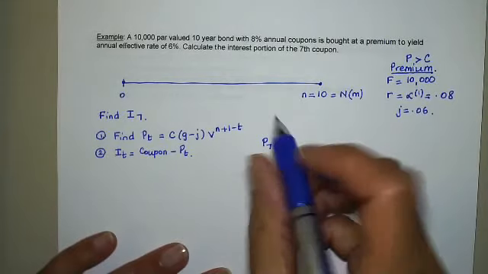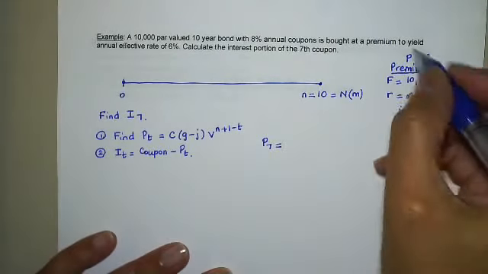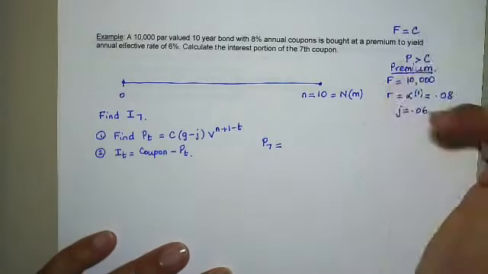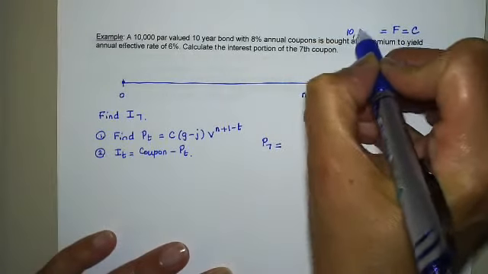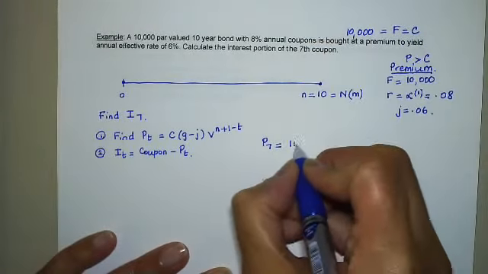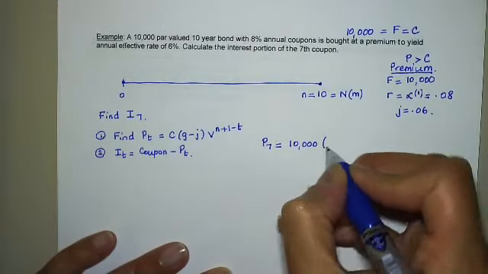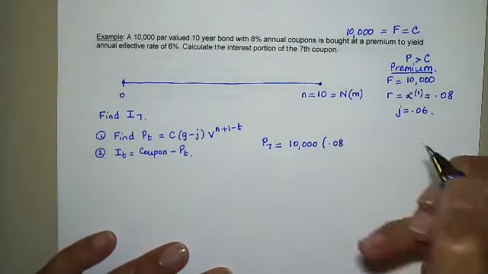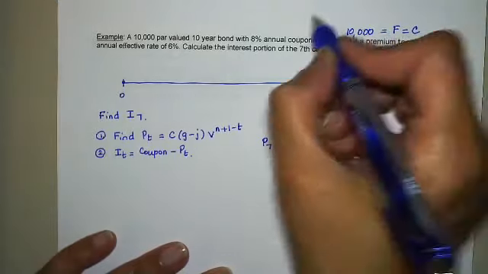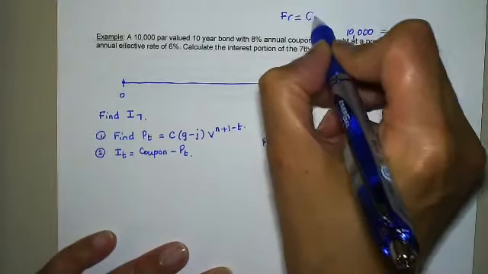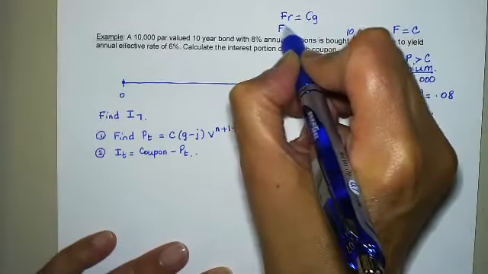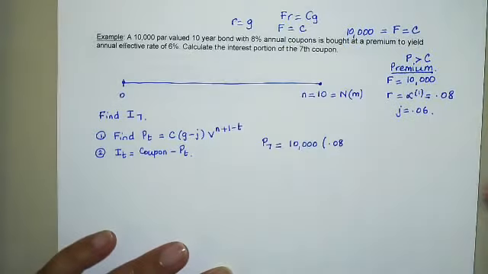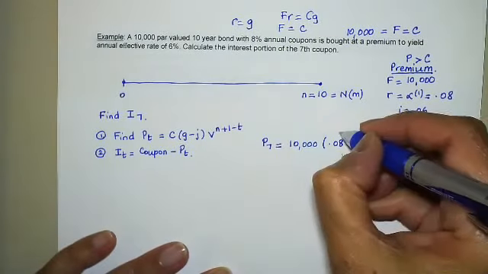equals C. Well, let's see, par value, right? So F equals C equals 10,000. So 10,000, G, 0.08. So I'm using this FR equals CG and F equals C, therefore R equals G, right?